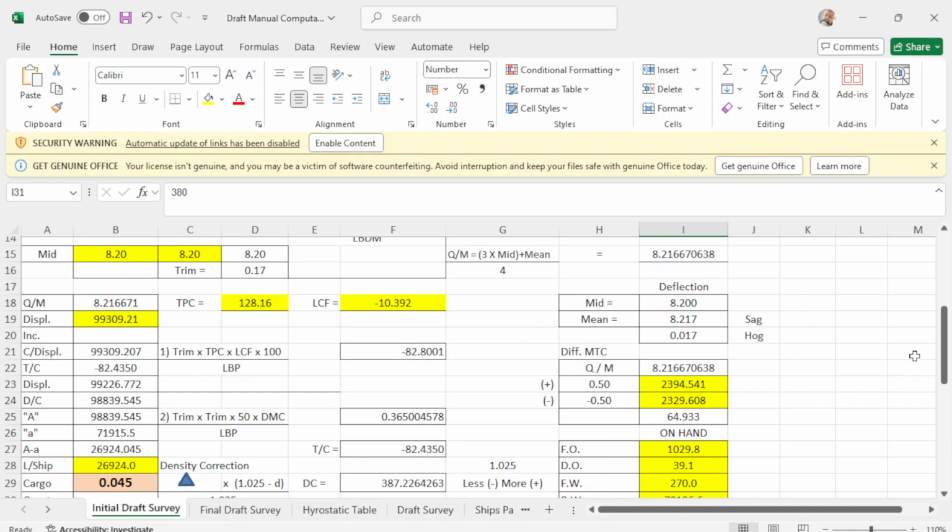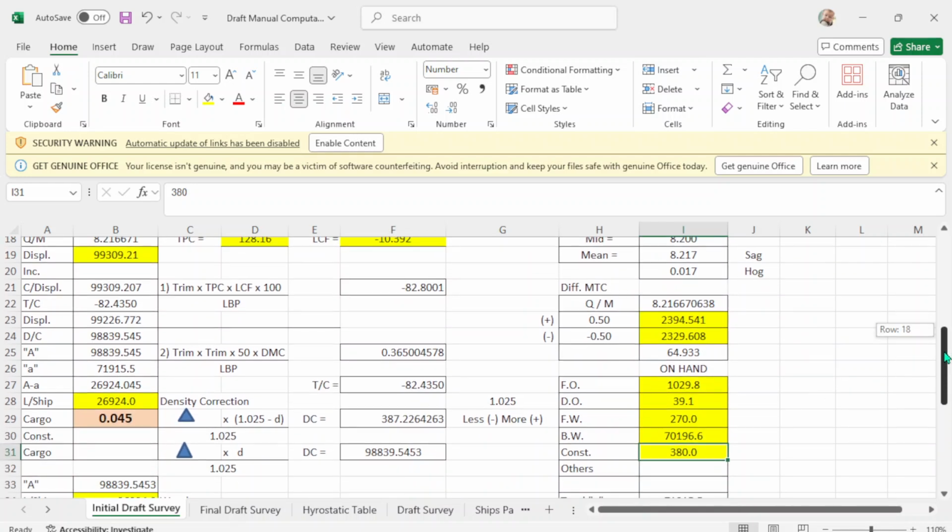Apply your density correction. There are two kinds, this one and this one. I prefer to use this one, so with this equation you will have a density correction of 98839.543, which is this one.